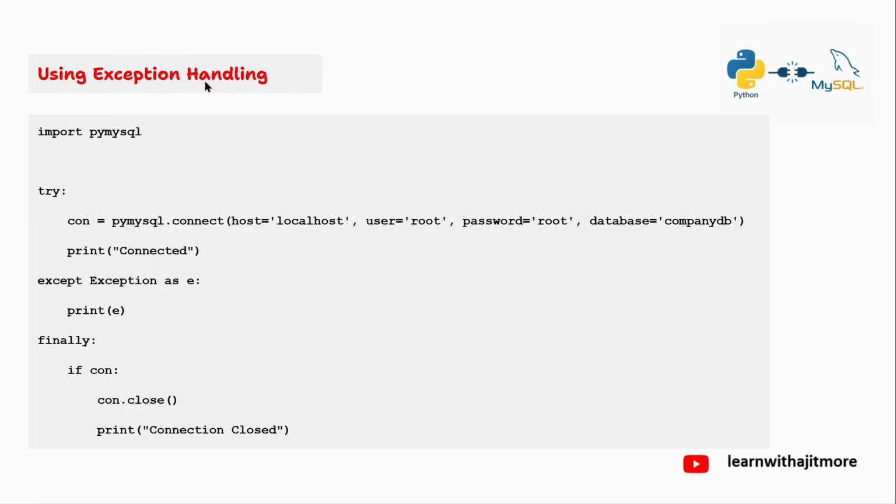So exception handling also you can do, like you're doing the connection. And if there is no problem in the connection, there's nothing failed in this whole connection process, obviously it will not throw any exception. It will come down, print connected and then come to finally. Finally, by any means, it is going to run.